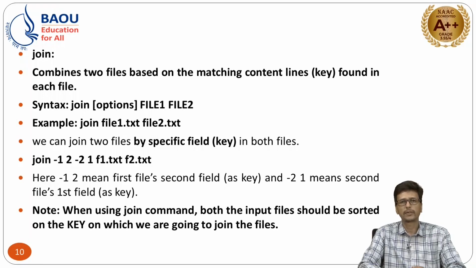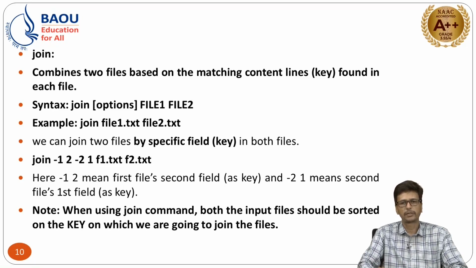Then -2 1 means the second file, and the 1 represents the key field. So 1 2 means the first file's second field is considered the key, and 2 1 means the second file's first field is the key.